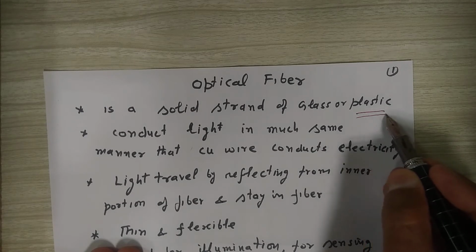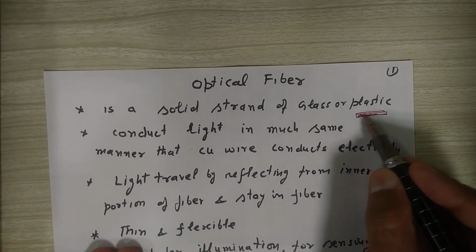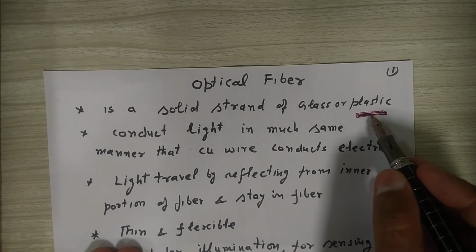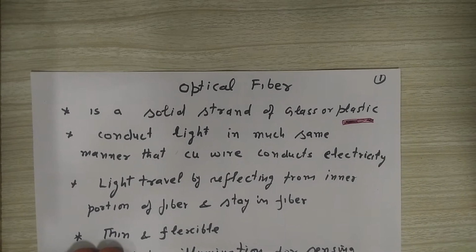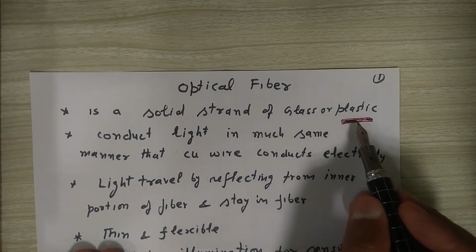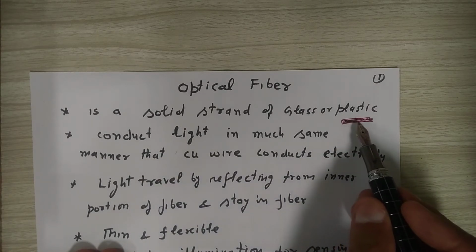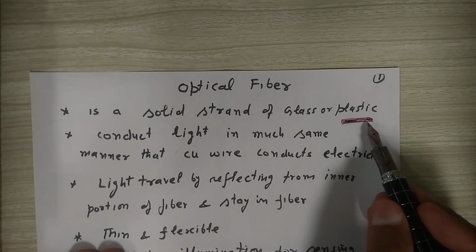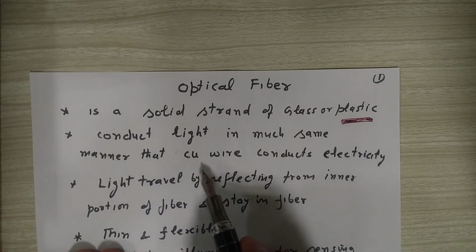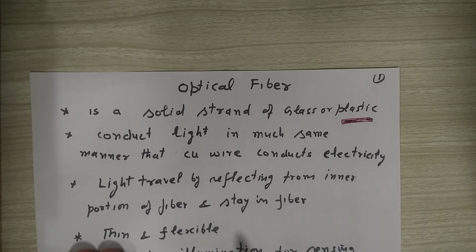This is a solid strand or fiber that may be of glass or plastic of any material, and it is very thin, and this solid strand can conduct the light in a similar manner that copper wire conducts electricity.